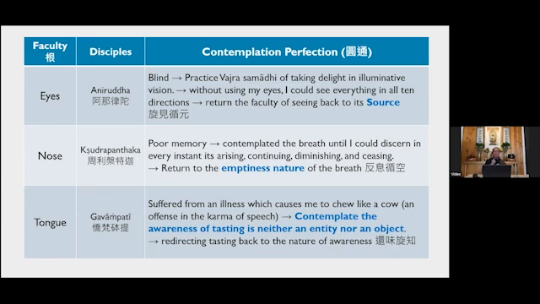When you are chewing something, tasting something, or eating mindfully, you think you chew something, but the food in your mouth keeps changing. The taste keeps changing. What is the real entity of the object? He used this process, redirecting tasting back to the nature of awareness.